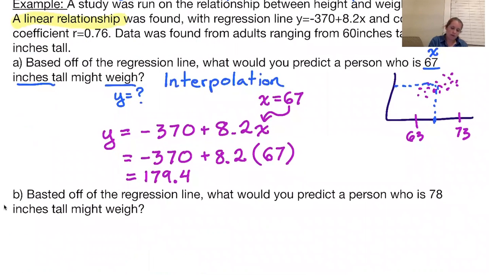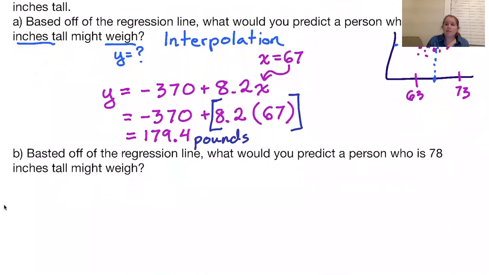So the very first thing we should do is our 8.2 times our 67. And then we should do negative 370 plus that. So doing that, we get 179.4 pounds. So this is our predicted weight for someone who is 67 inches tall.